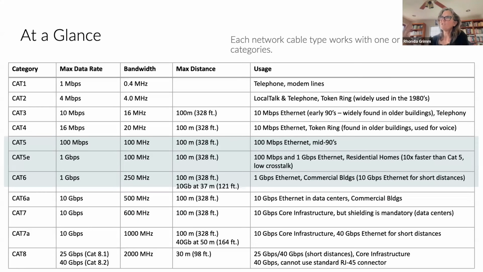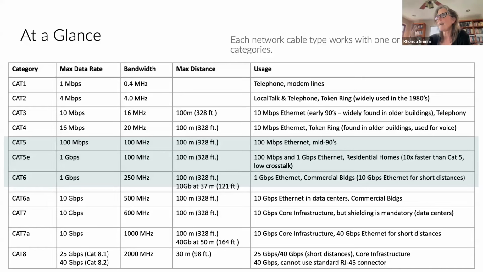And I love this chart because it really does show you how far we've come. You've heard of Category 1 or Cat 1, Cat 5, Cat 6 cabling. Back in the day, like in the 80s, you could transmit 4 megabits per second over Cat 2 cabling. We're now at 100 megabits per second.